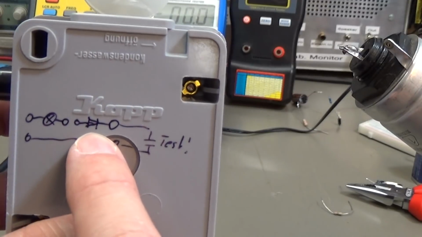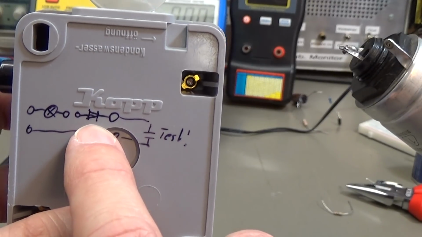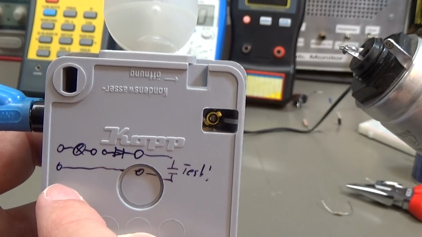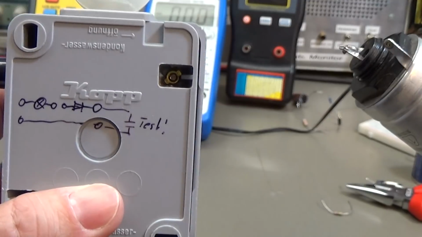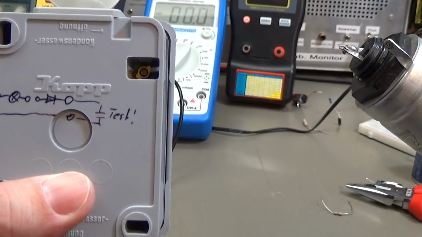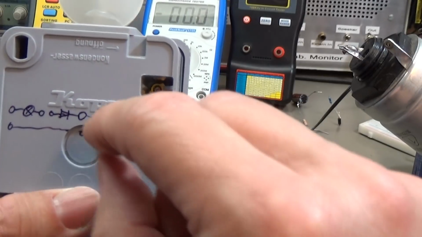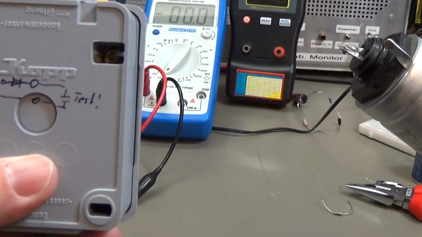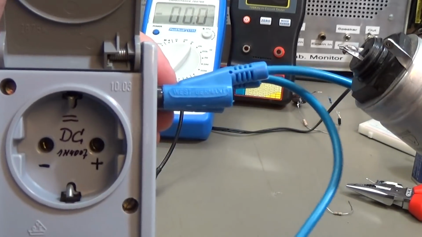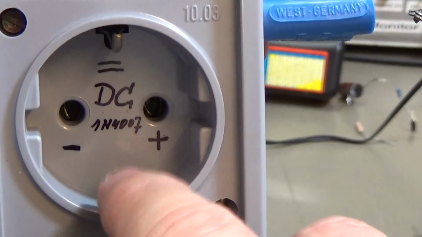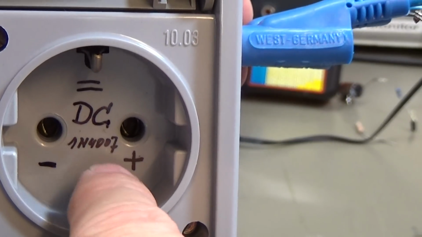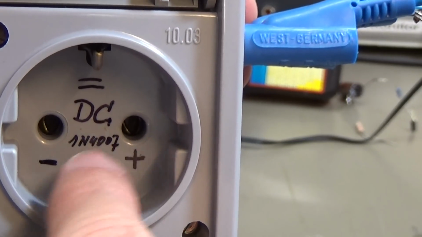This is a 1N4007 diode, simply rectifying our AC, which we get here at our input, and then we put our capacitor, our device under test, simply here in this socket, right? And you see, of course, because it is rectified, I put here plus and minus, and I'm telling here it is DC, right?